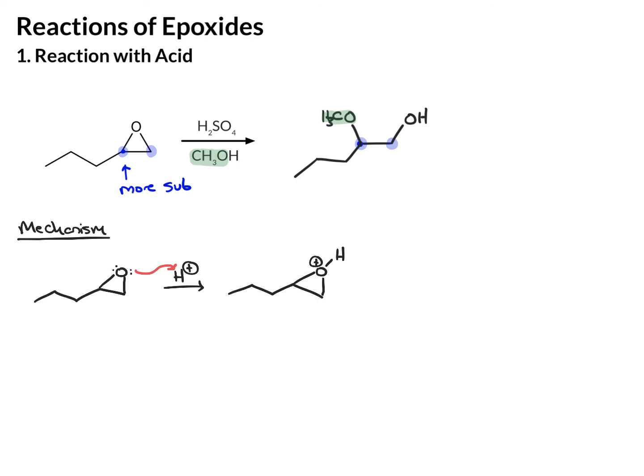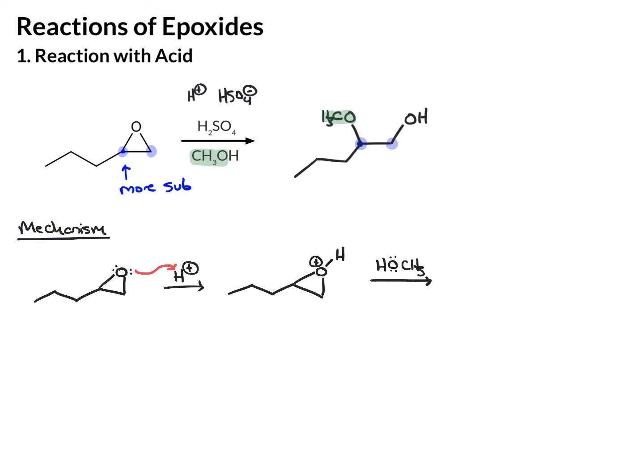Okay, from here, the conjugate base of sulfuric acid, because we just have H+ and HSO4-. HSO4- is not a nucleophile, so you don't have to worry about it adding. But what will act as a nucleophile is the methanol that's floating around. So let's involve it next.